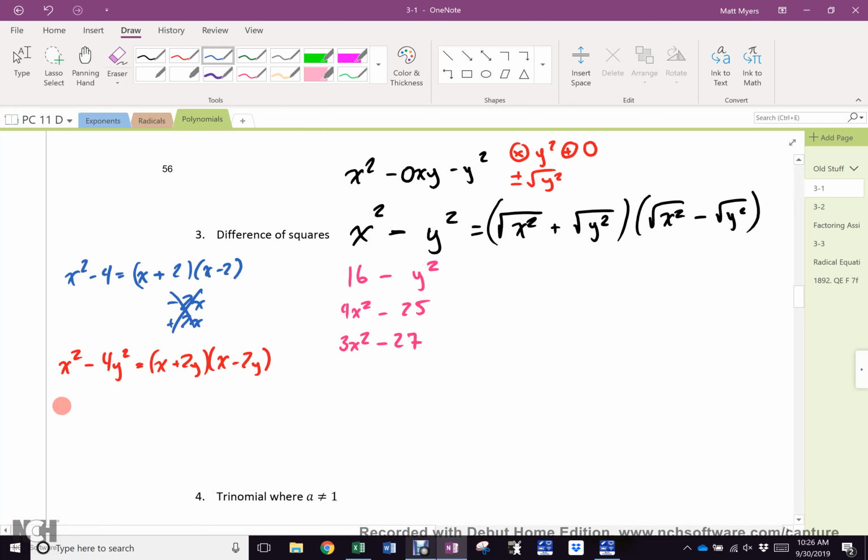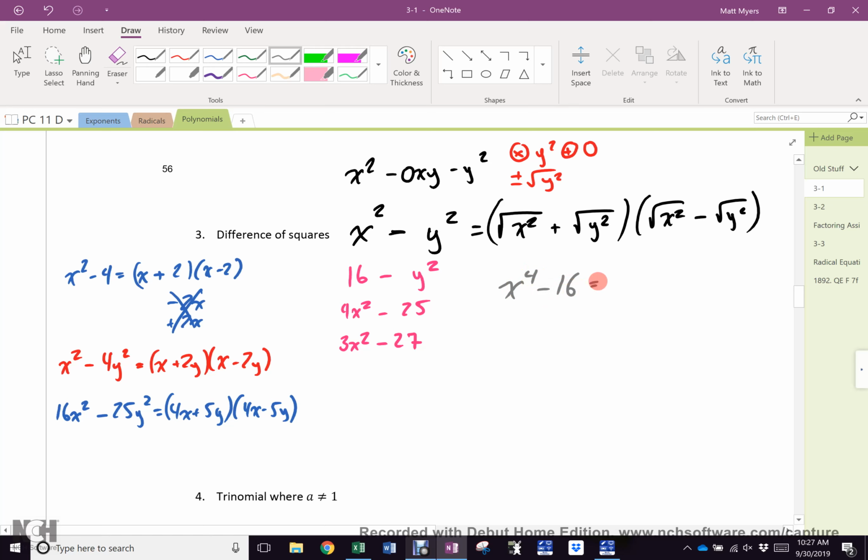Okay, what about this one? 16x squared minus 25y squared. It'll be 4x plus 5y, and then just the rest on the side. Lovely. All right, what about x to the 4th minus 16?